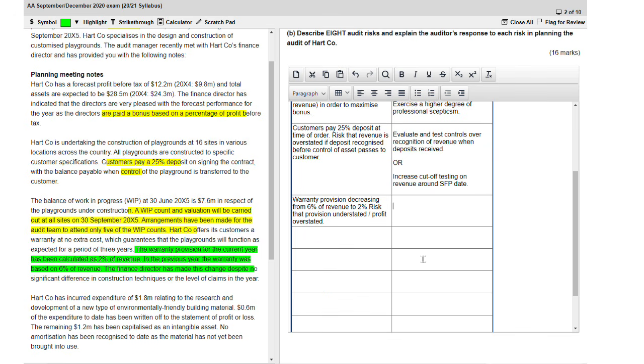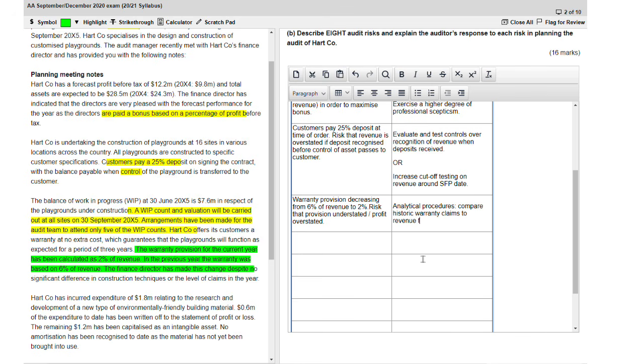So I think I'm going to say, I'll start the sentence with analytical procedures. On its own, that just sounds like a piece of jargon, so nothing yet. But if I now say what I'm doing, compare historic warranty claims to revenue for current and previous year.